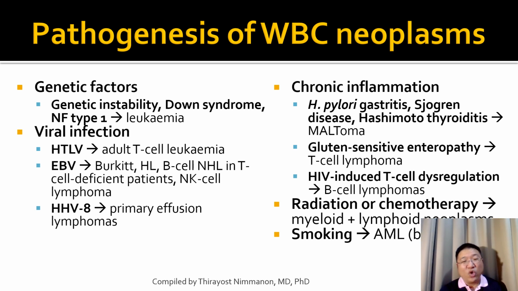There are some known causes or predisposing factors for white blood cell neoplasms. For example, leukemia is associated with those with genetic instability, and also Down syndrome, and also neurofibromatosis type 1.